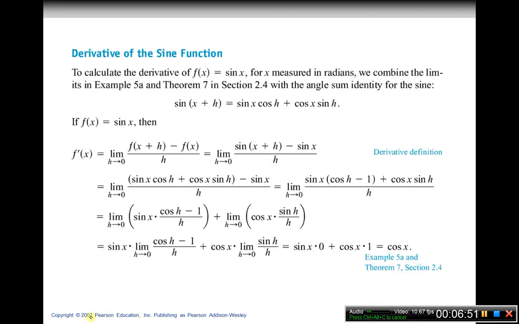Now let's do a formal proof of the derivative of the sine function. The formal proof of the derivative of the cosine function is very similar, so we'll just do the one for sine here.